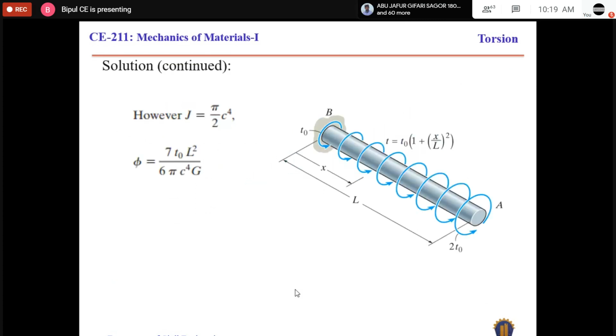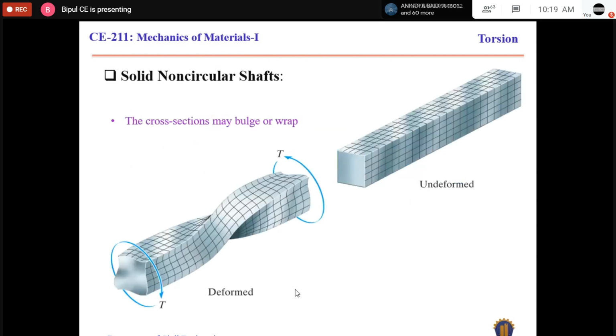Now in the previous classes we have discussed only the circular shaft subjected to torsional force. It may be a solid or a hollow circular shaft.